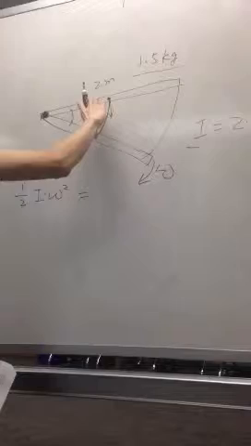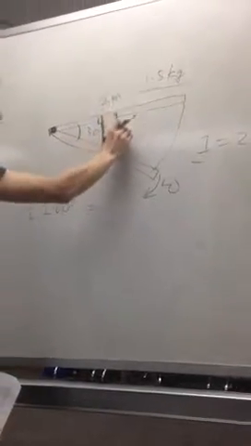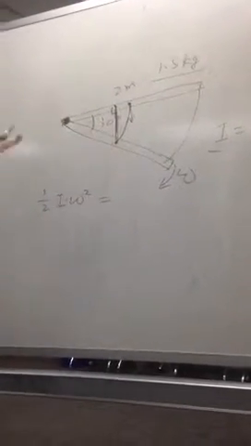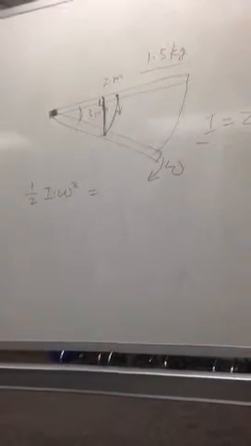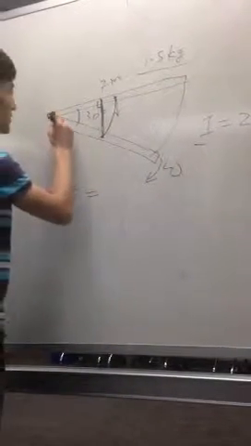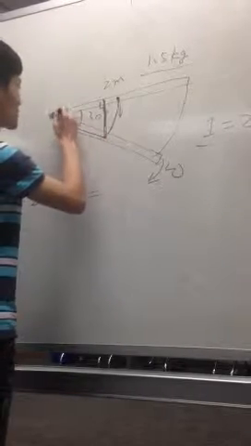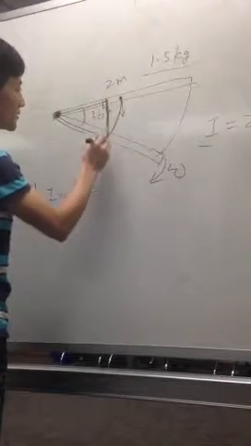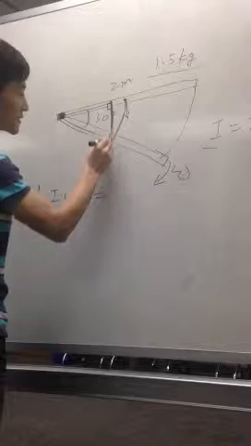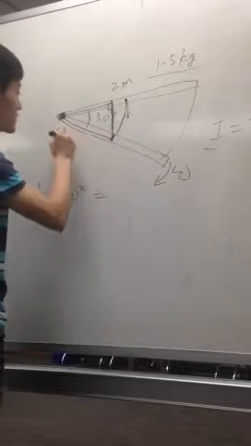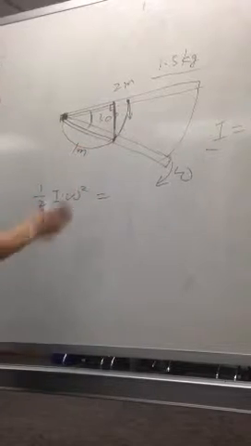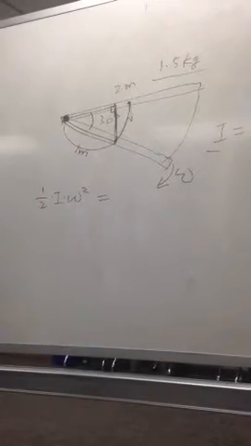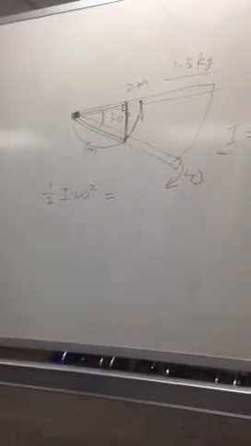That's the height. It dropped, right? So here is a right angle. You know that's the center, right? And then this one is 1 meter because the total length is 2 meters. Okay.